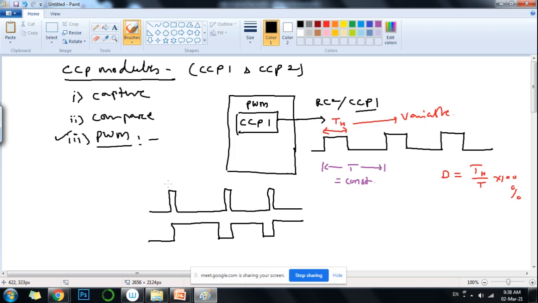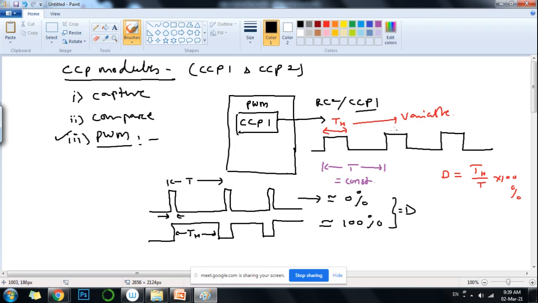Period T is constant. Whereas this TH varies. So this is your TH. Okay, so here it is very close to 0% duty cycle, and here is almost 100% duty cycle. D, duty cycle. So that's the purpose of this PWM mode of operation.